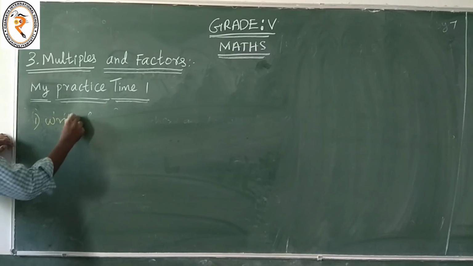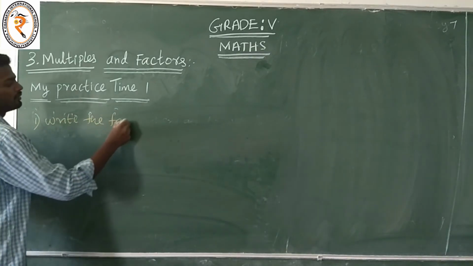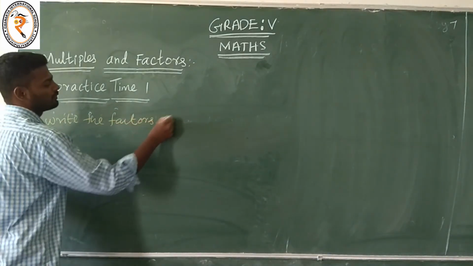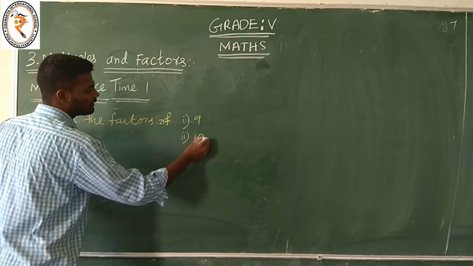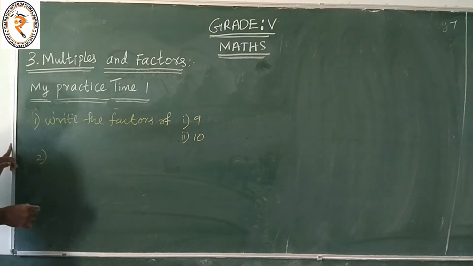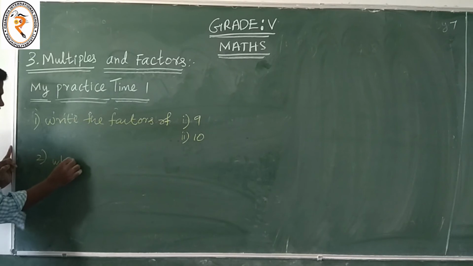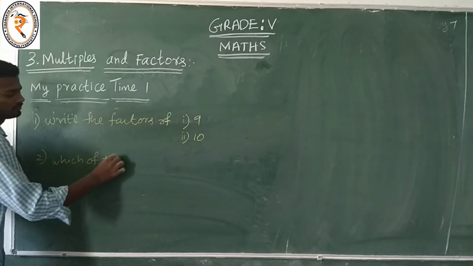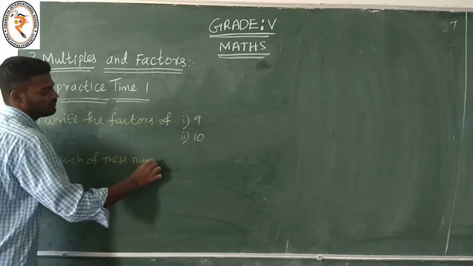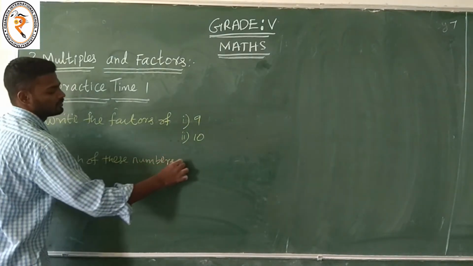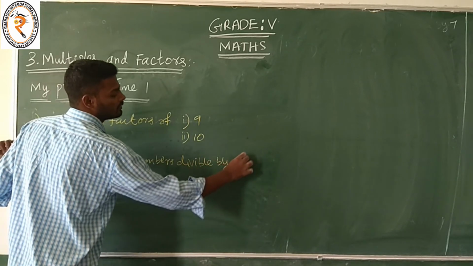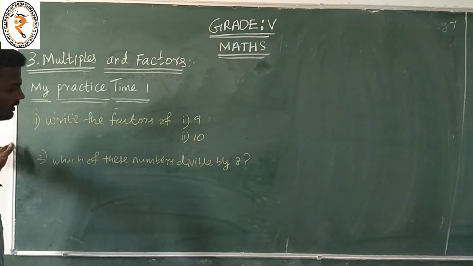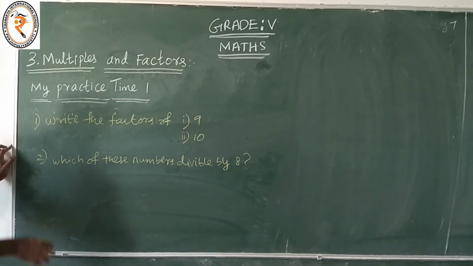Find the factors of 9 and 10. Second question, which of these numbers is divisible by 8?